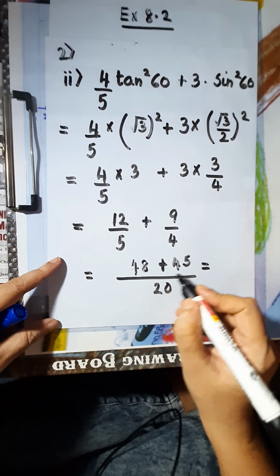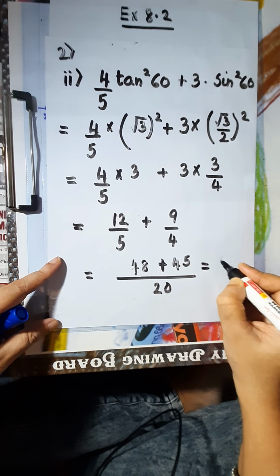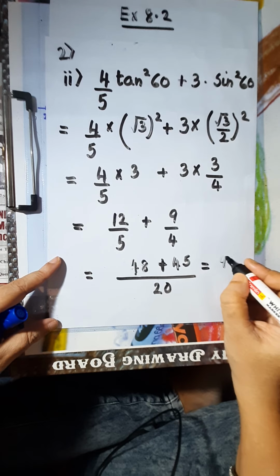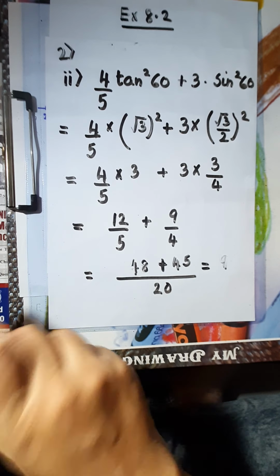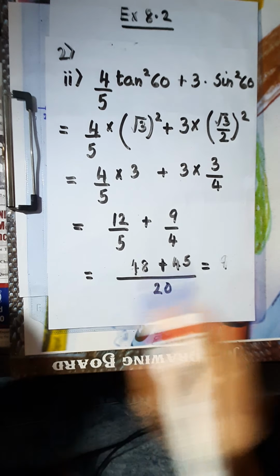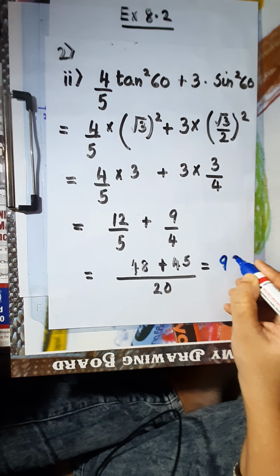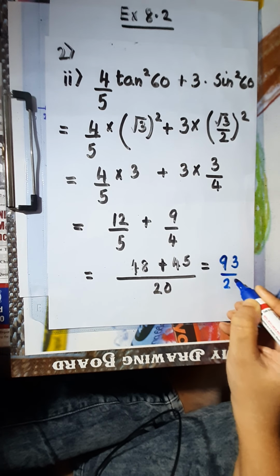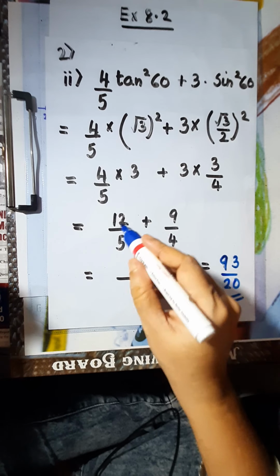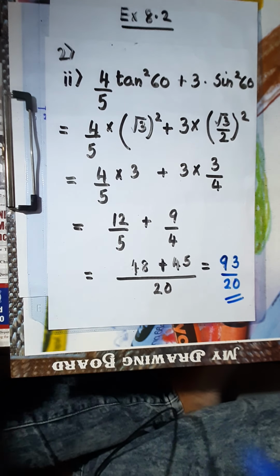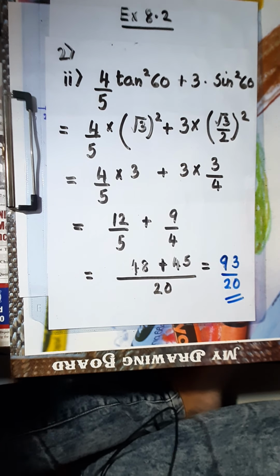Okay. 45 plus 48 is 93. 93 upon 20. Very sorry. 12 fours are 48. I read it as 3. 12 fours are 48. Okay.